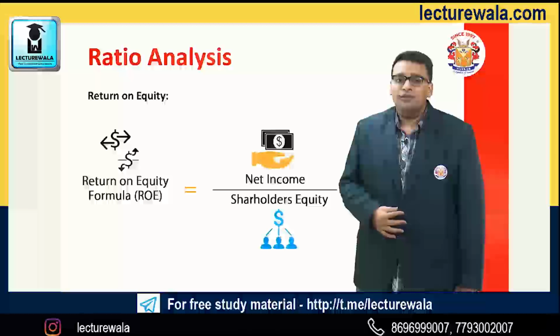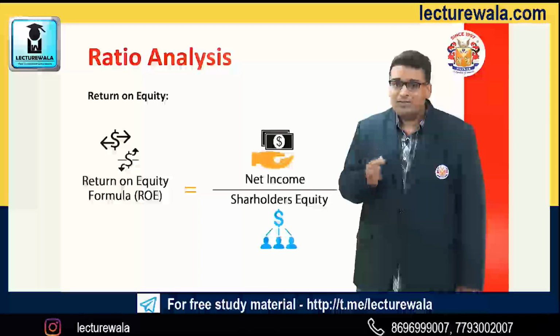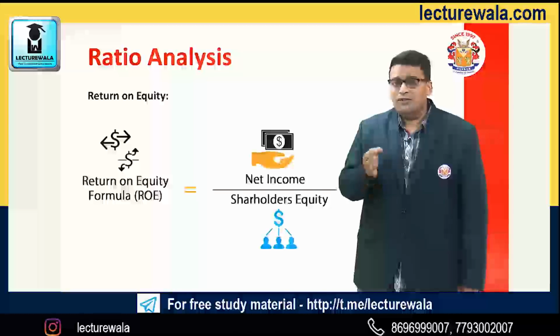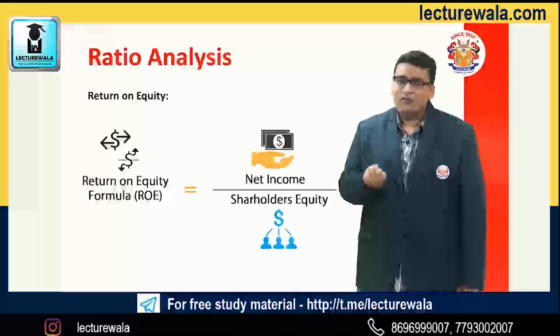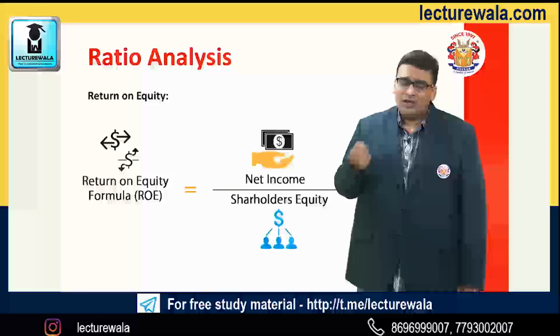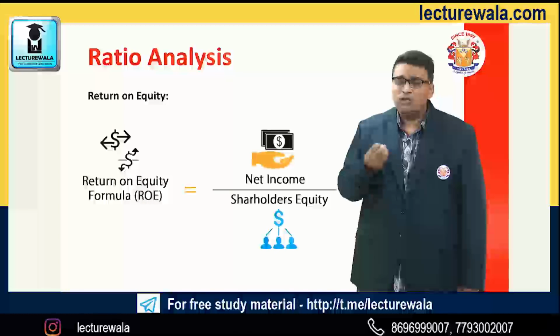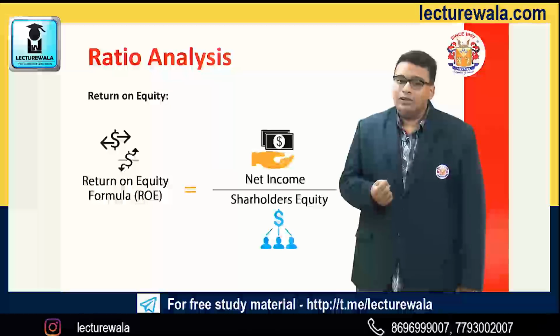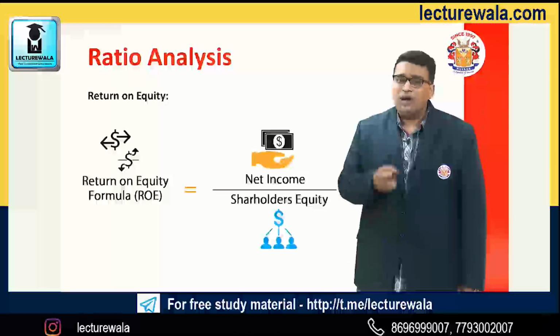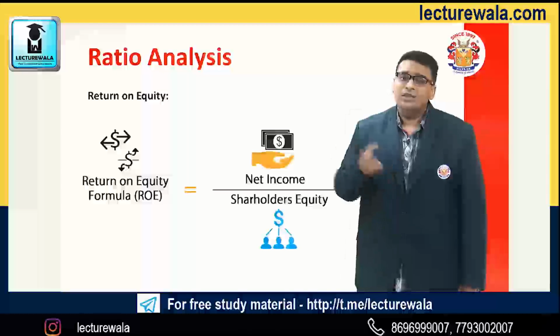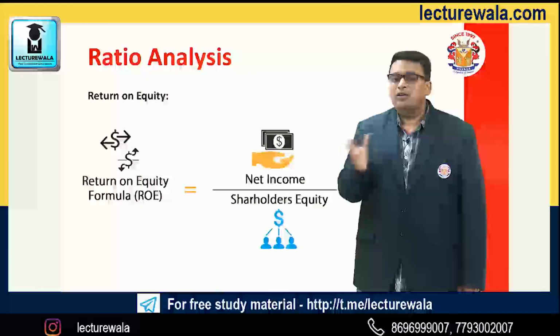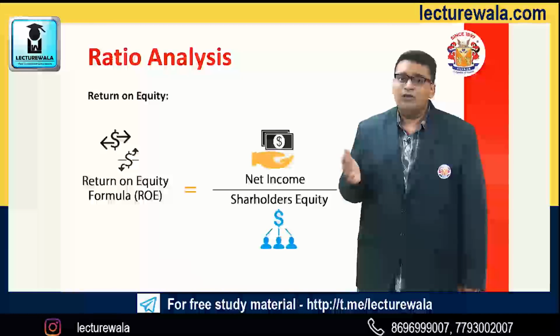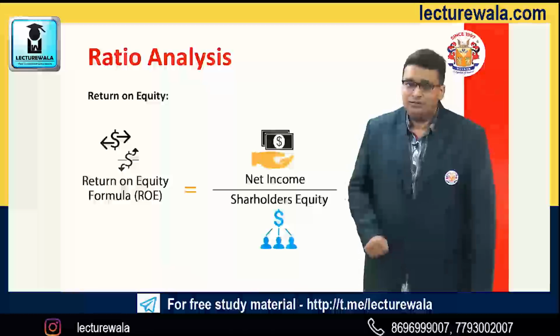So net income divided by shareholders' equity shows that out of $100 invested in a particular entity by the shareholders, how much return is being generated, and how efficiently the company is using the equity resources for the betterment of the company and its shareholders.